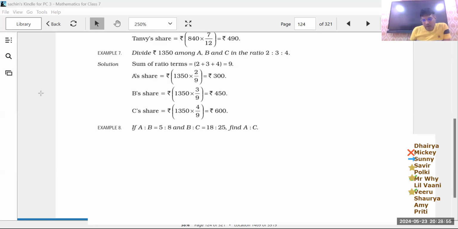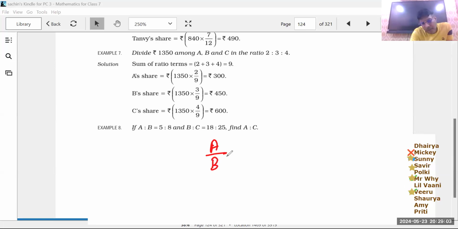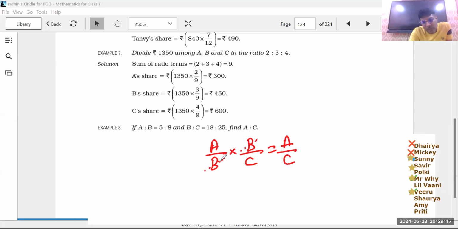Chalo guys, should I tell? So B8 was that, how did it become 18? A by B into B by C is equal to A by C. Do you agree, guys? Sir, why? Yeah. Because B will cancel, A by C will come. Do we agree or not? Yes, sir.